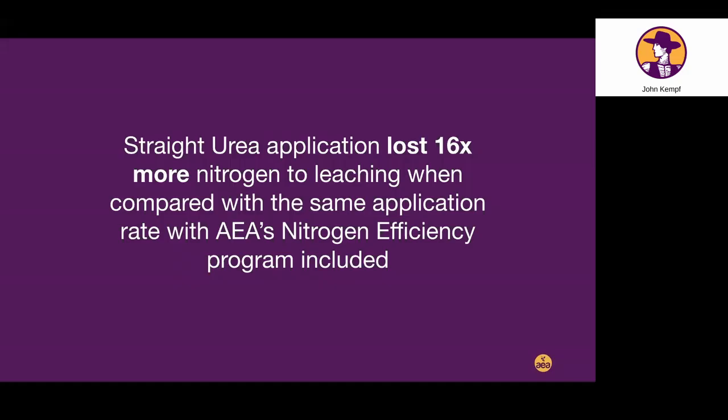And we conducted our own in-house research. I think this was this most recent year. We found that a straight urea application lost 16 times more nitrogen to leaching than when we combined the nitrogen efficiency program with the urea. That's pretty impressive.